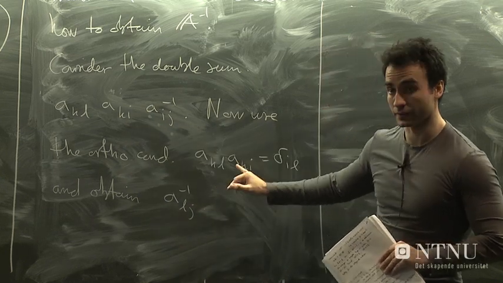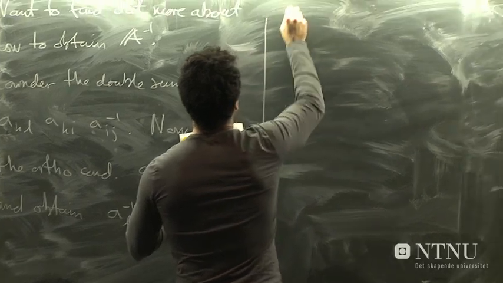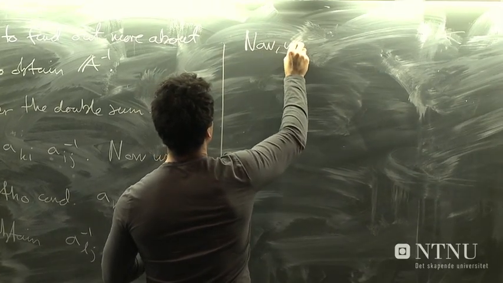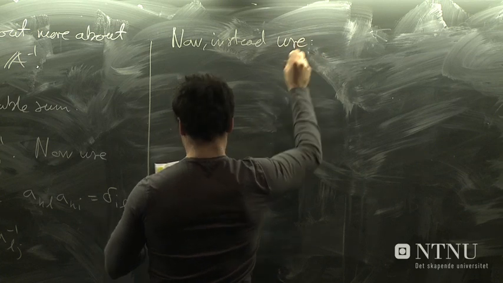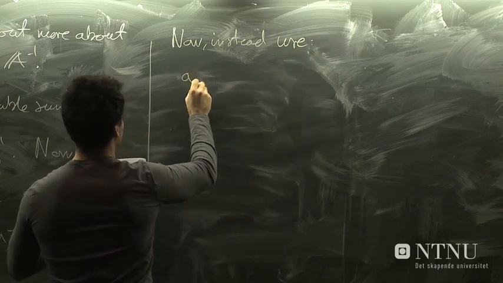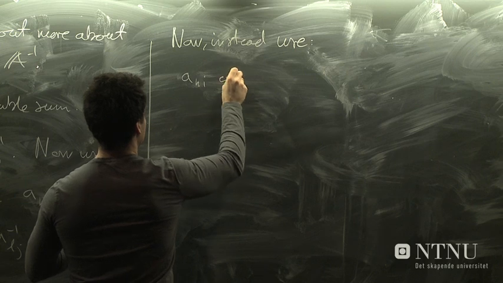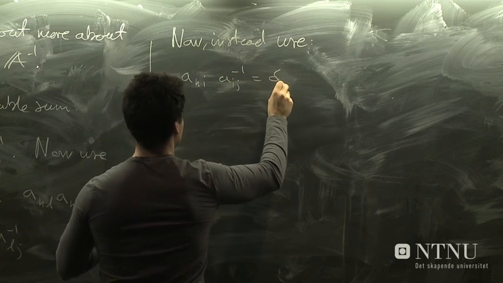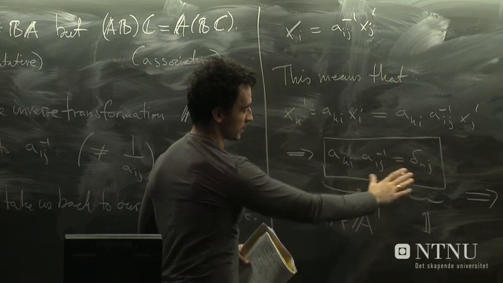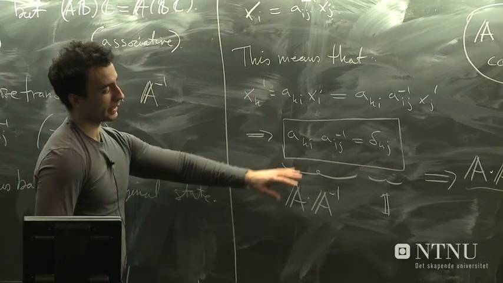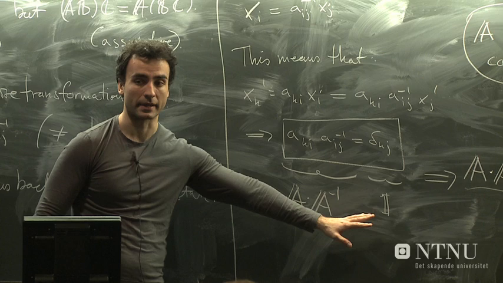Now let me use a different orthogonality condition. Or in fact, let me use this equation here, which relates A and A inverse, stating that their product should be equal to the identity matrix.